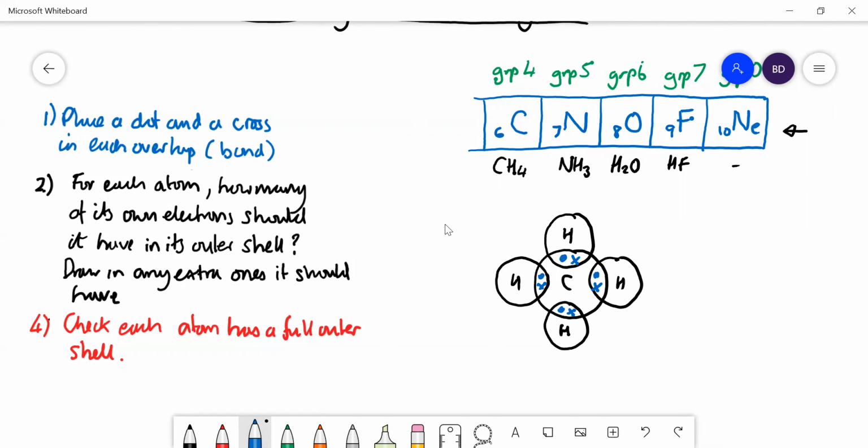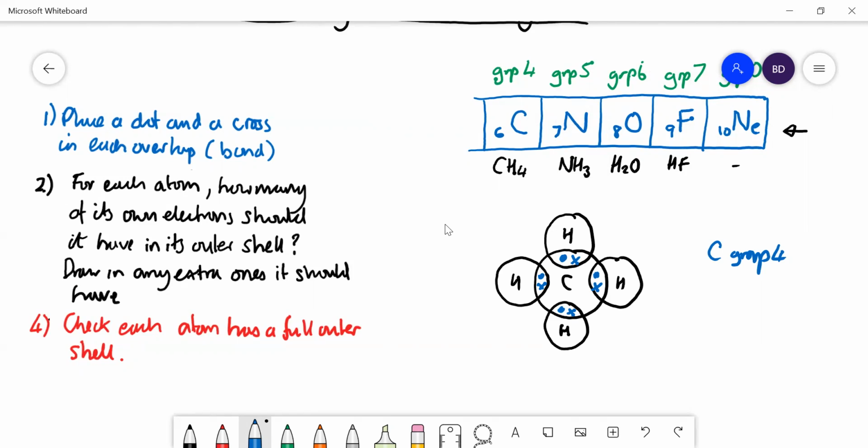The next step, number 2 in black: for each atom, how many of its own electrons should it have in its outer shell? Well, carbon is in group 4, so it should have 4 of its own electrons. I've already drawn 4 dots, so I don't have to draw any more electrons. That's done for carbon. And for hydrogen, obviously it's done that, it's only got 1 electron.